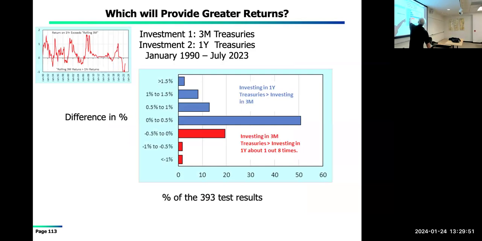What about providing returns? What you get is, instead of a very narrow distribution around the idea that it really didn't matter, investing in 1-year treasuries versus the 3-month, sometimes it was a better deal, and sometimes it wasn't.